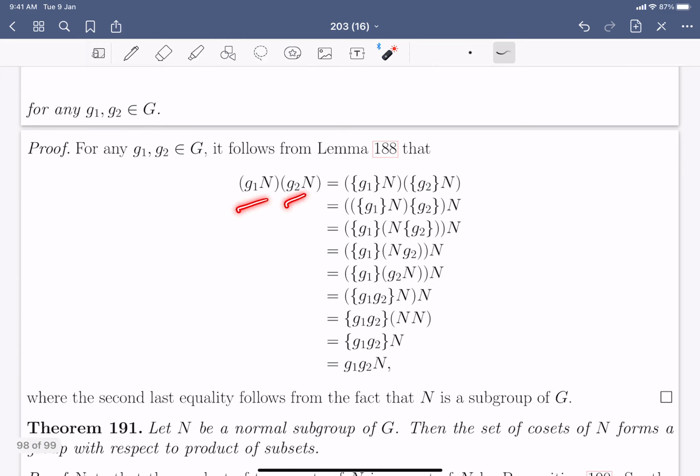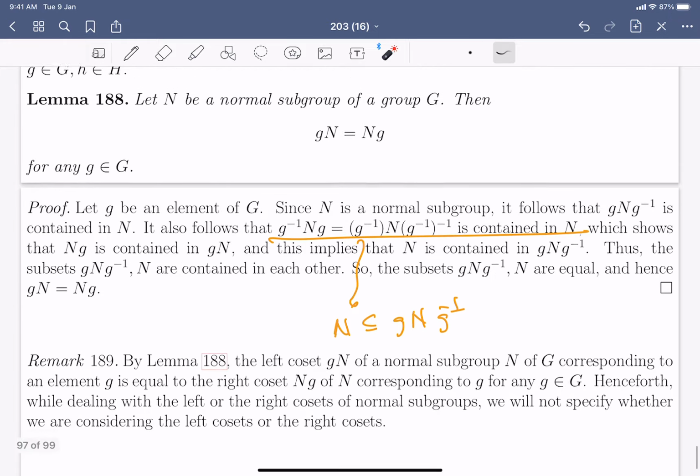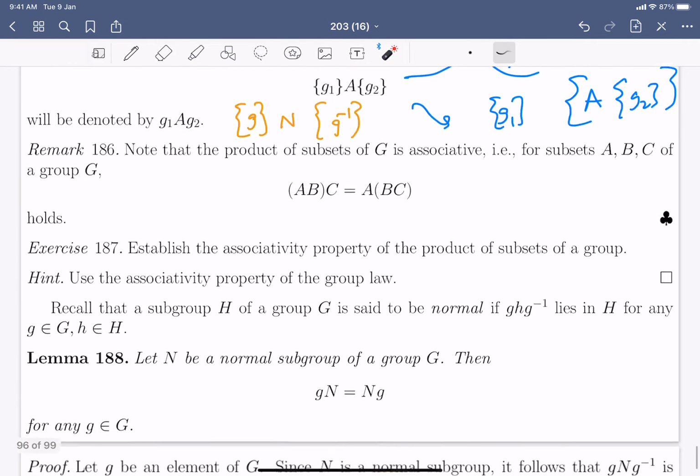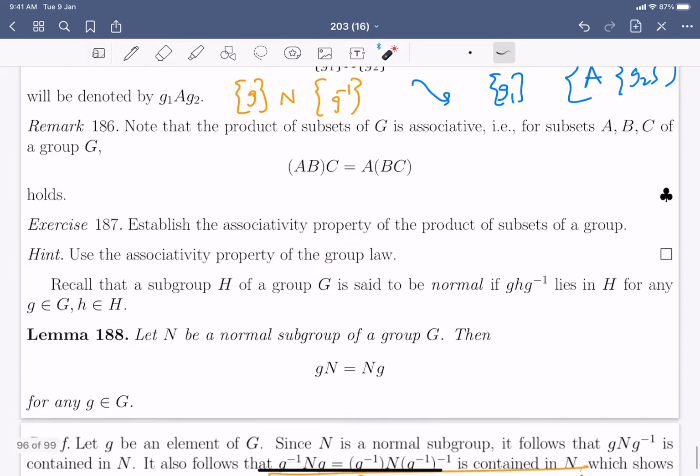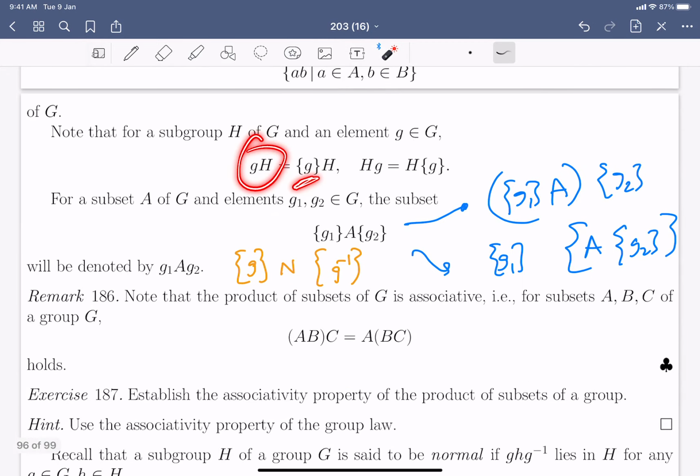So you look at g1N and g2N. By definition, or by a very simple observation which you have done at the very beginning, gH is the product of two sets.